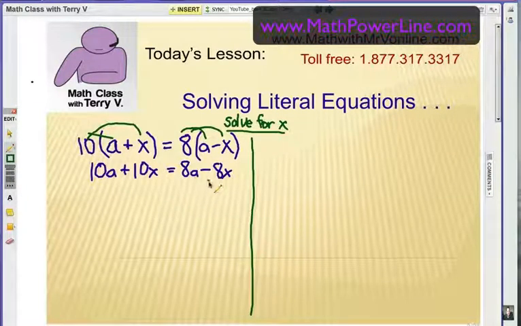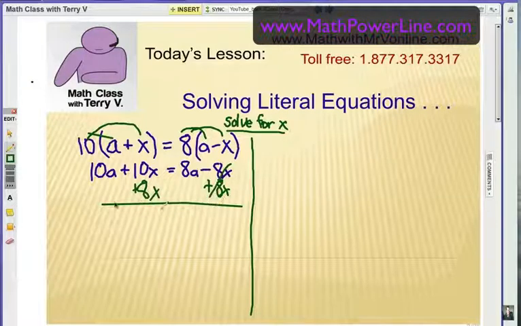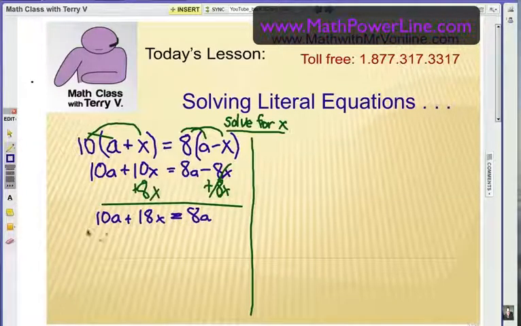Let's move them to the left, and so we're going to add 8x to each side. Therefore, we have 10a plus 18x equals 8a.